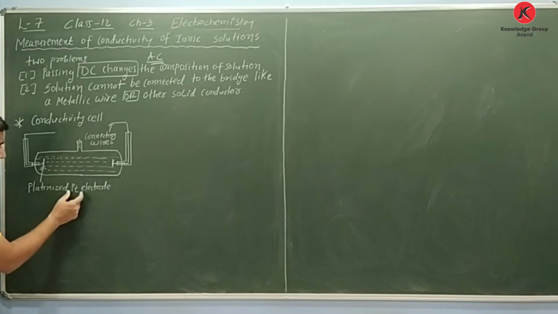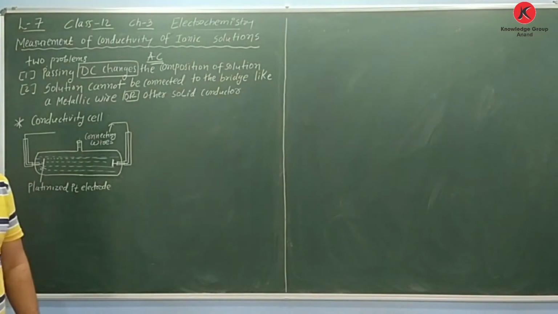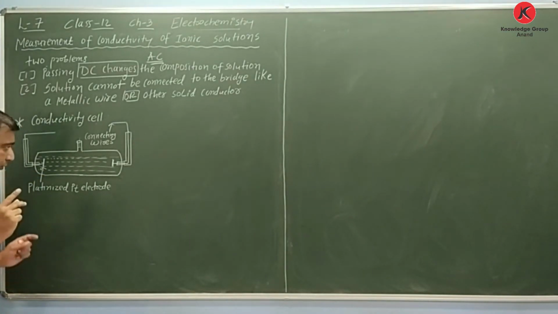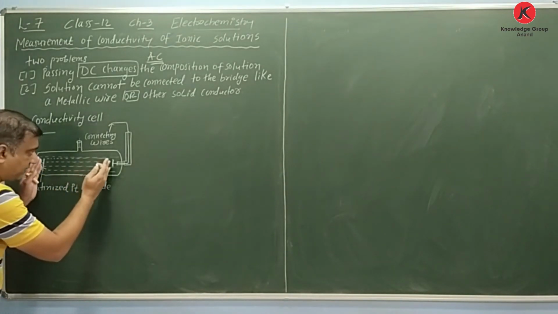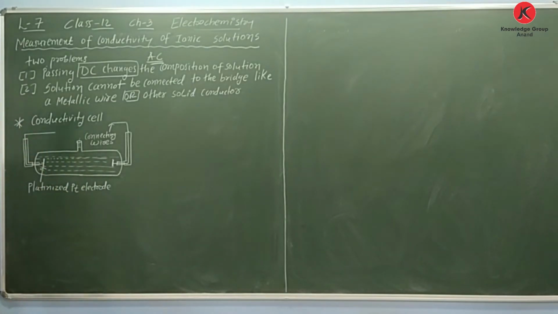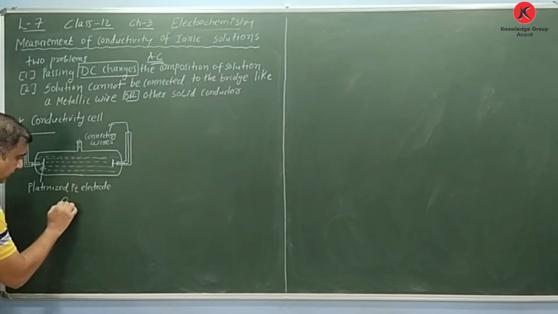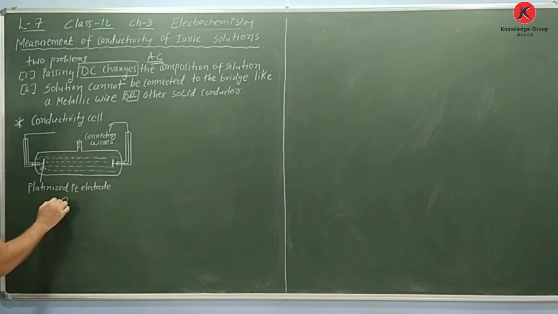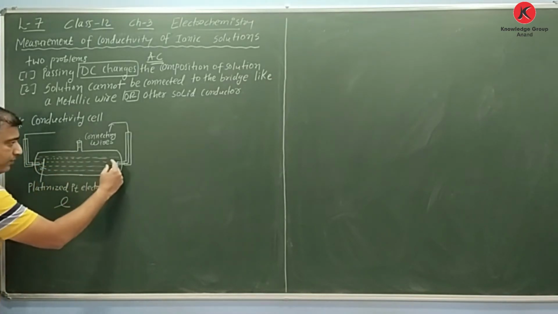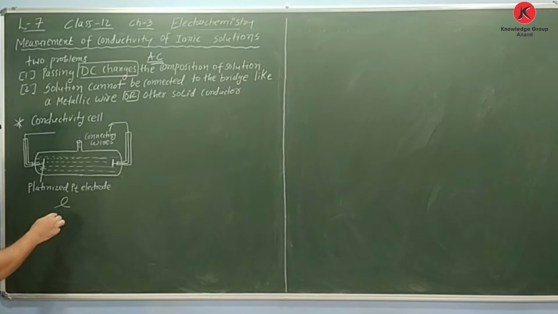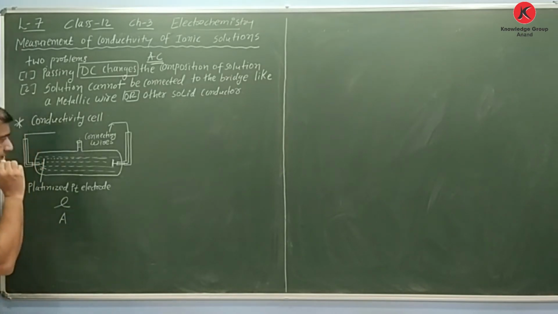These are platinized platinum electrodes, that is, platinum electrodes on which finely divided platinum black is coated. The distance between these two electrodes is taken as L, and the cross-sectional area of these two platinum electrodes is A.